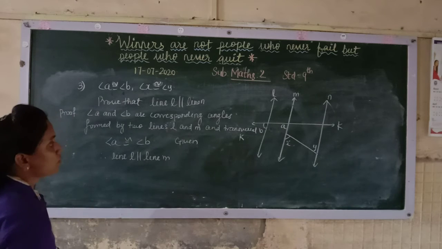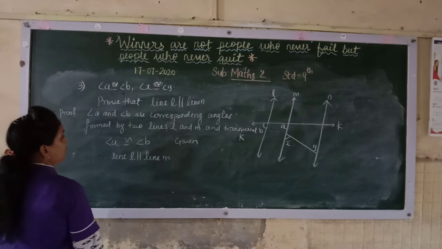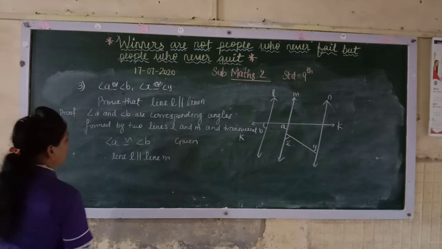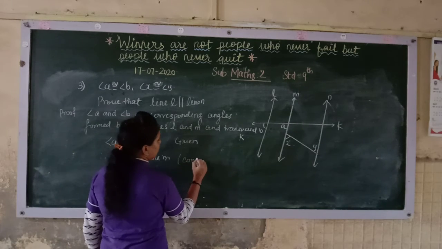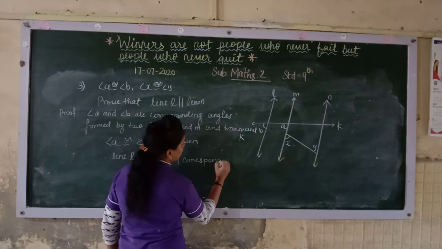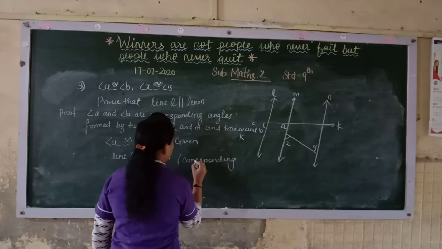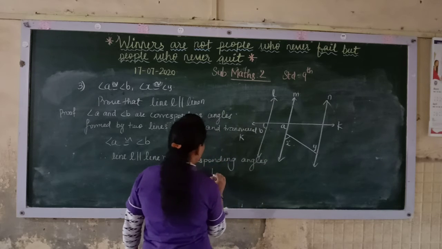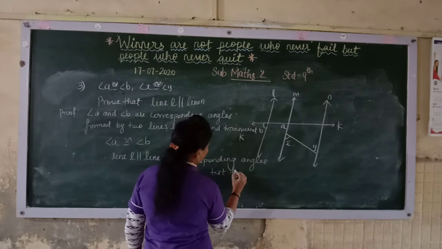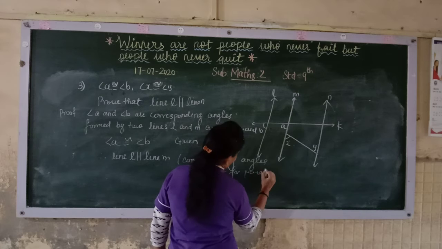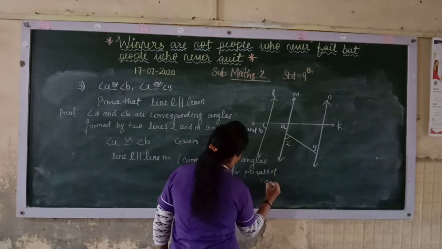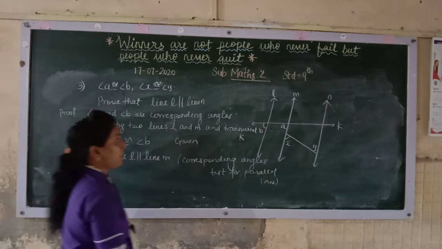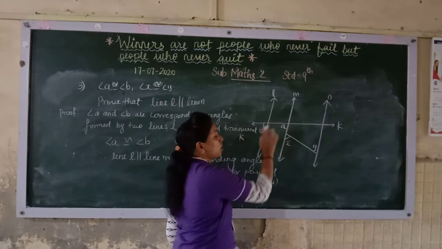Why? Because of the corresponding angles test for parallel lines. They have not given that line L is parallel to M, but they have given that these two are congruent.